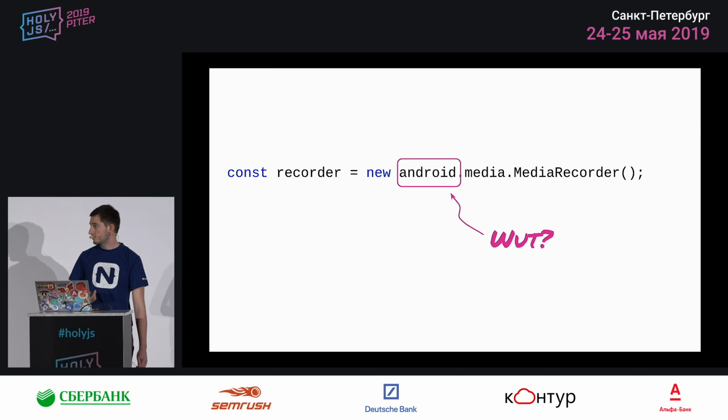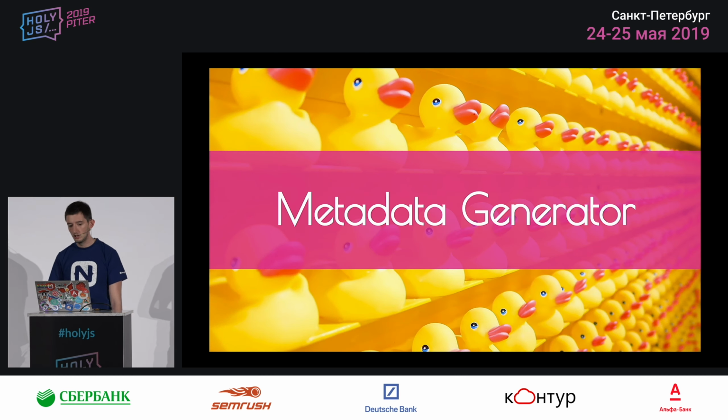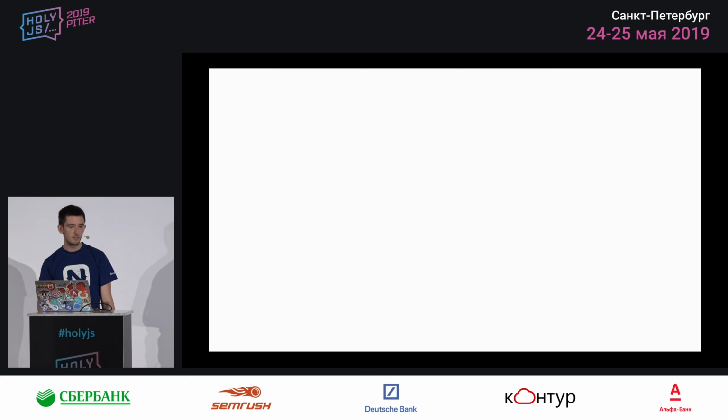To understand this, we have to look at what happens at build time of every NativeScript application. Every time the NativeScript developer runs a build of their app, a special tool is triggered. It's called the Metadata Generator.